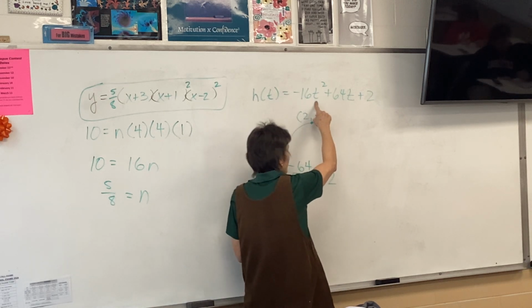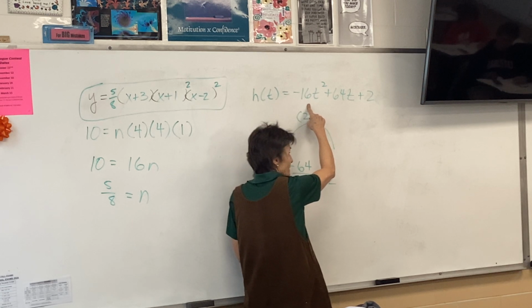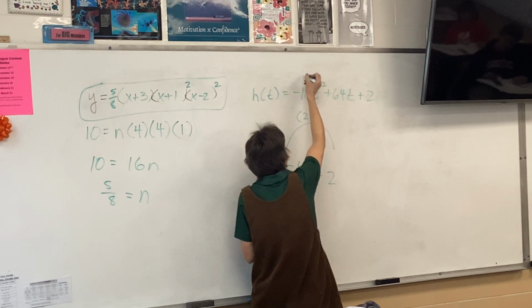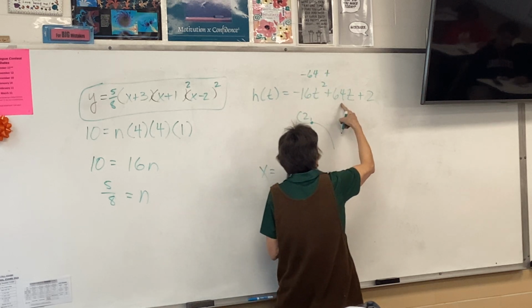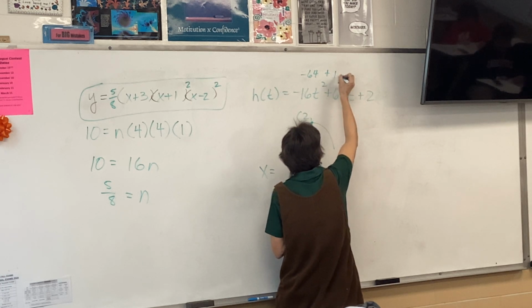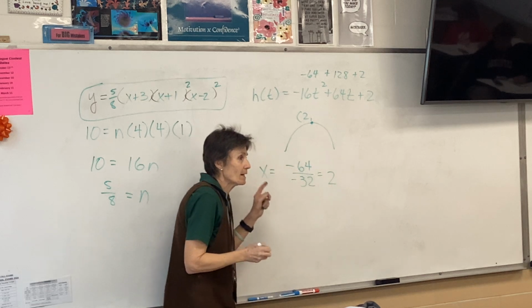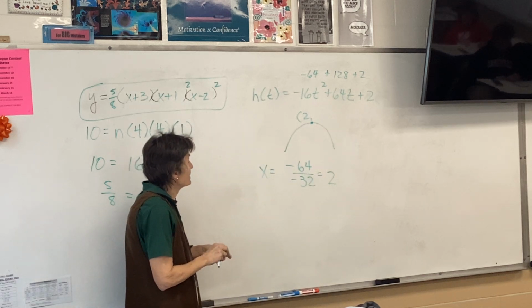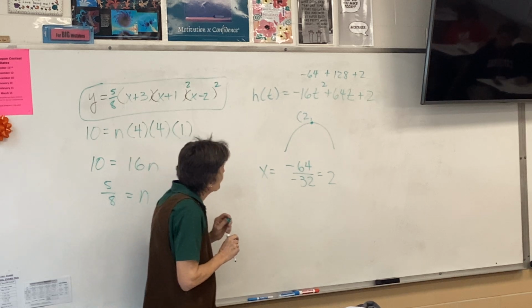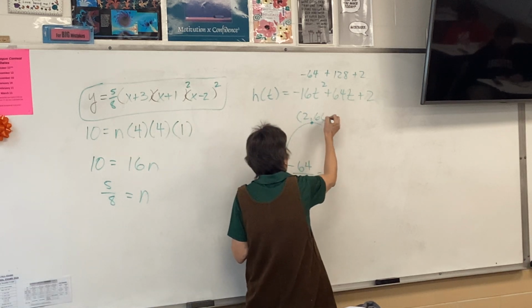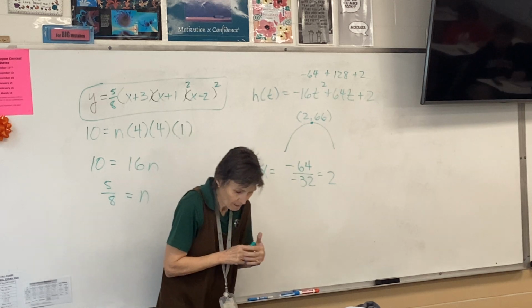So 2 squared is 4 times negative 16 is negative 64. 64 times 2 is 128, plus 2. Did you get 66? Yes. Now, let's answer the question.